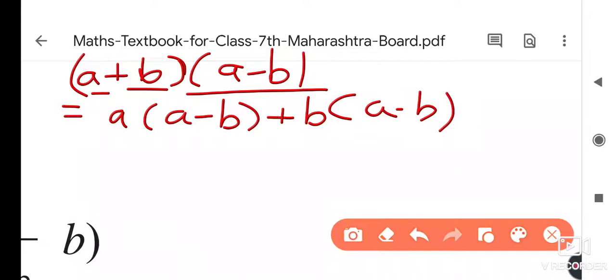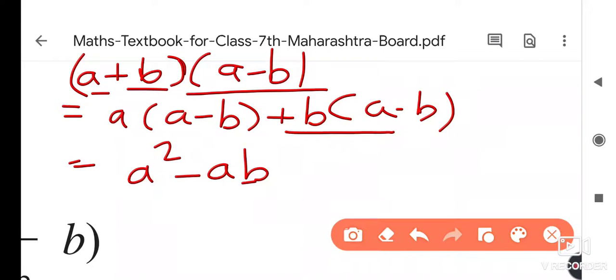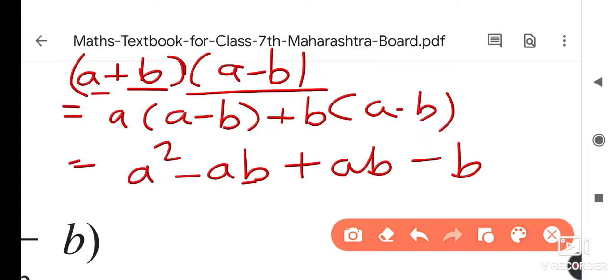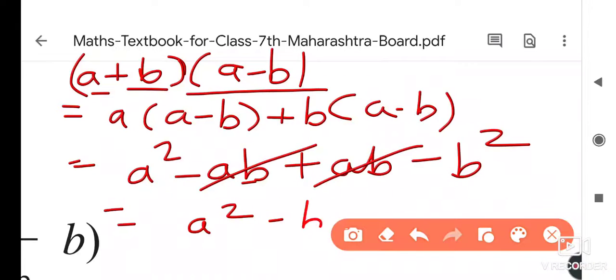Now the next step is a into a is a square, and a into b minus ab, because the negative sign is there, positive into negative is negative. Next, the multiplication of b into a is ab, plus ab, and minus b into b is minus b square. Plus ab cancels with minus ab, and here remains a square minus b square.